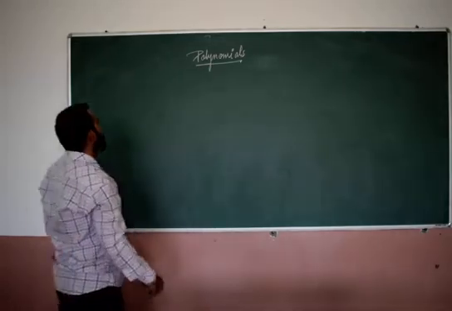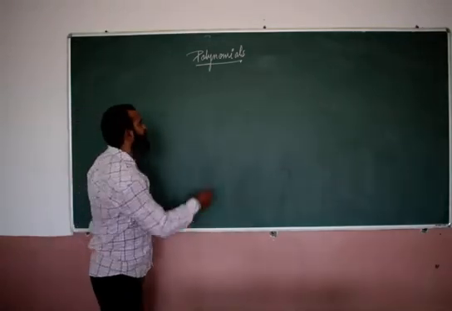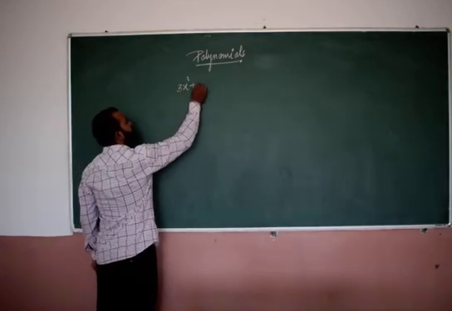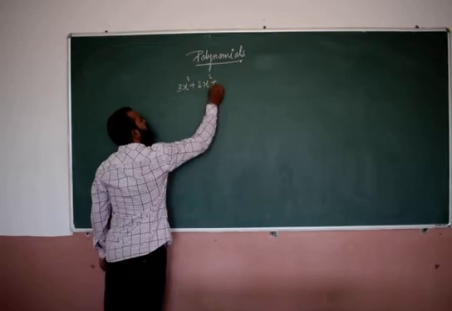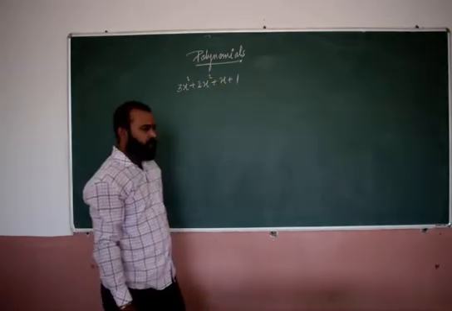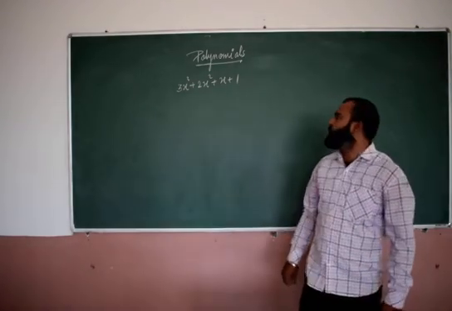So in that, one more thing I would like to say: suppose this is an algebraic expression. This is one of the algebraic expressions and it is also a polynomial. Why is it a polynomial?